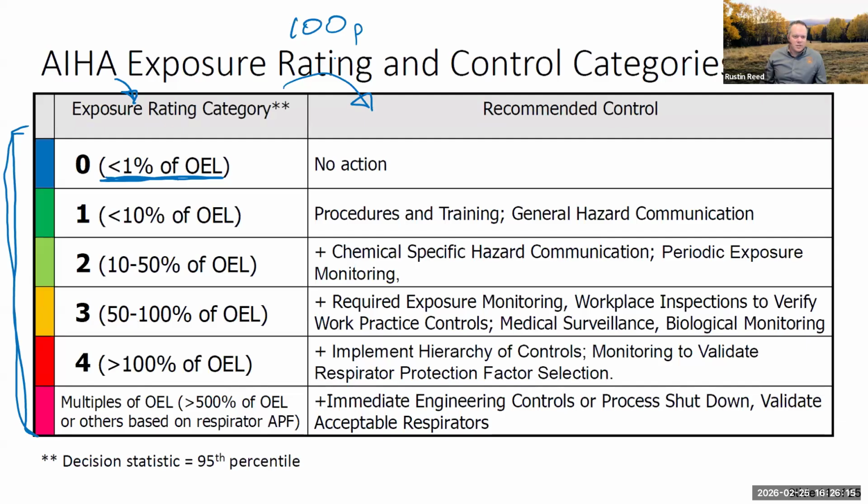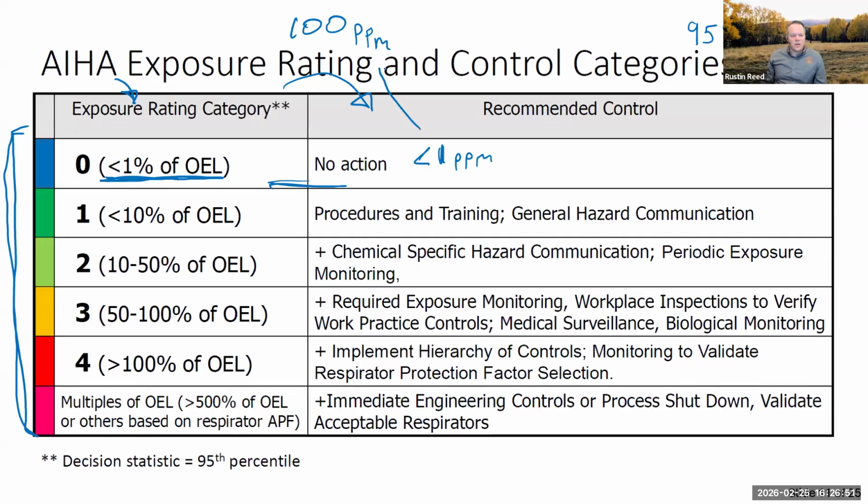I can't touch the top of the screen in PowerPoint or it kicks me out of the slideshow. So 100 parts per million. So if my estimated 95% UTL is 1 part per million or less, then I'm going to fall in this category.